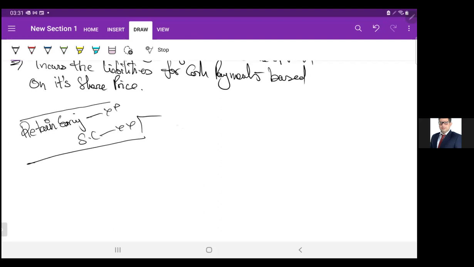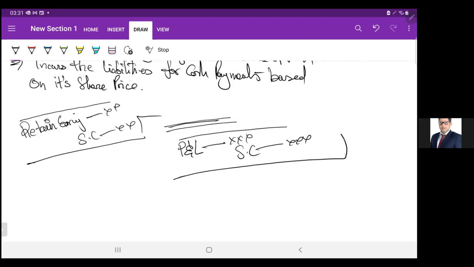So when this standard came, they said recognize the expense: profit and loss account debit, and share capital credit. By this, they now have to show the expense which they were incurring in exchange for share capital.